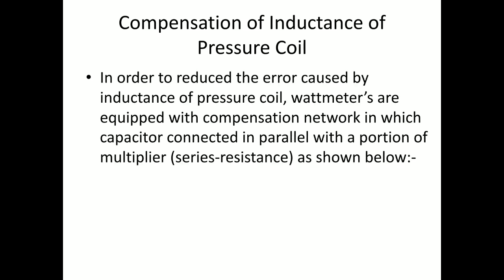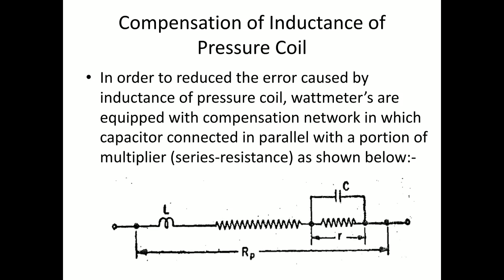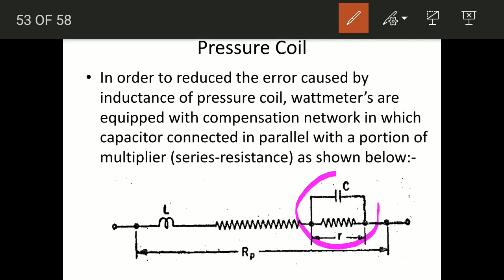For that reason we need to connect a calculated value of capacitor in parallel with a multiplier resistance which is connected in series with the moving coil. This arrangement we need to implement in the wattmeter in order to minimize the error due to the inductance of the pressure coil. And sometimes this network is also known as a compensation network.